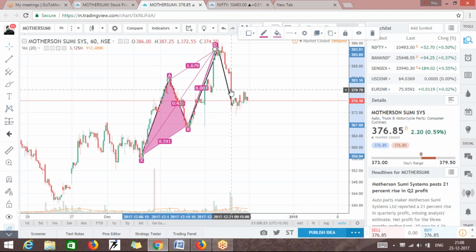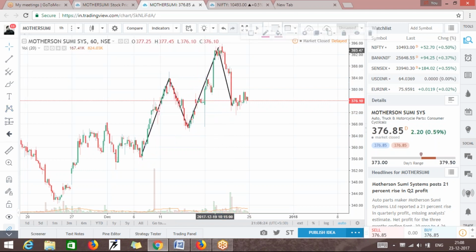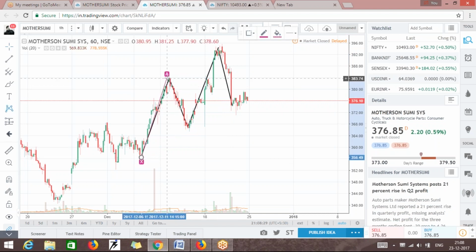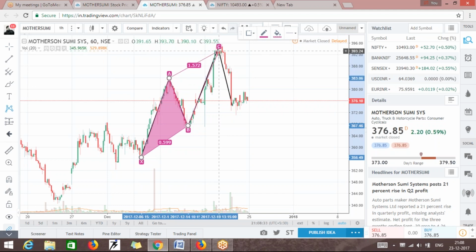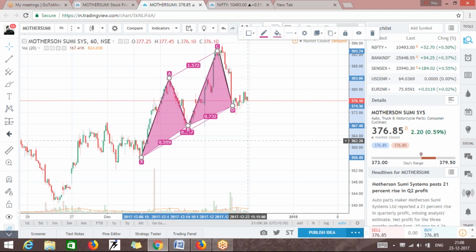Just a minute. From here we got this point, then we got the B point. We do not need to write all these things because this is already being written over here. As we know, this is a bullish pattern, a bullish cipher.